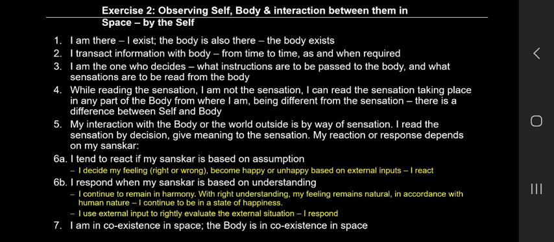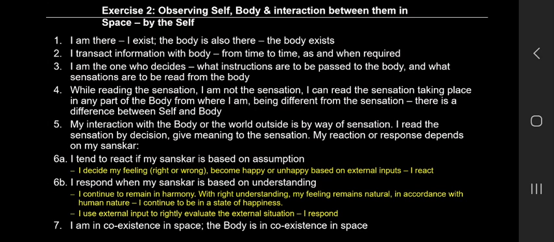So I am in coexistence in space every moment, at every place. I am submerged in space, and the body is also coexisting in space.